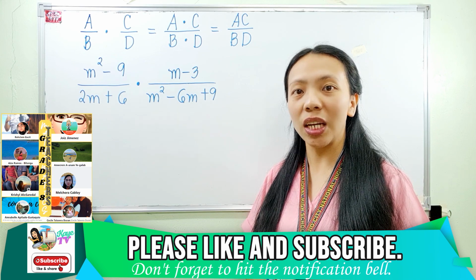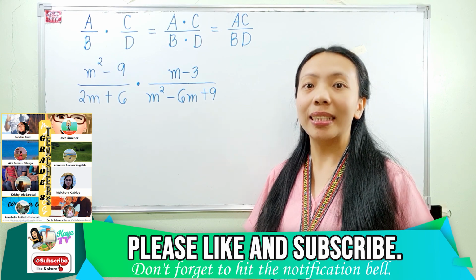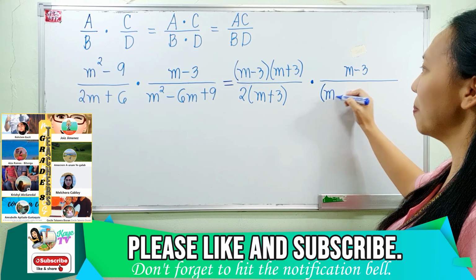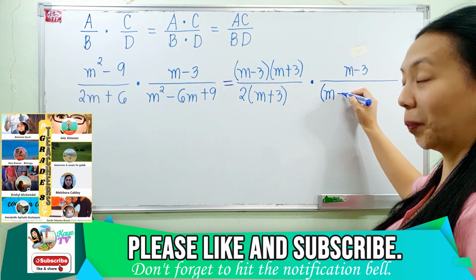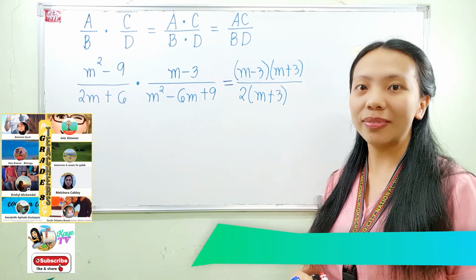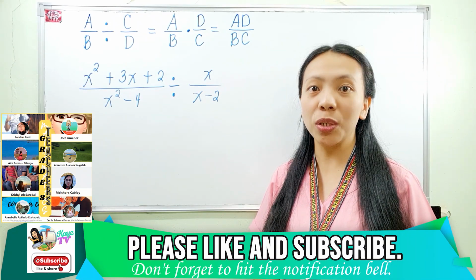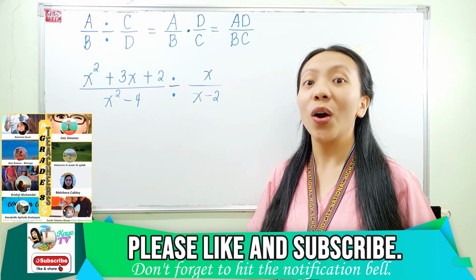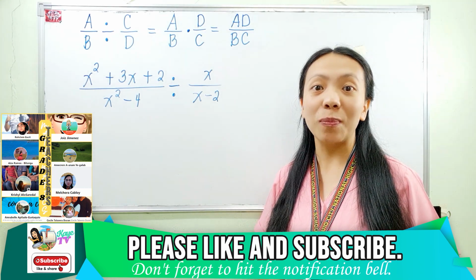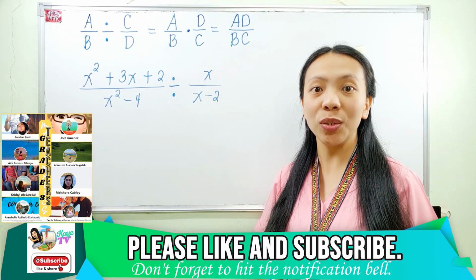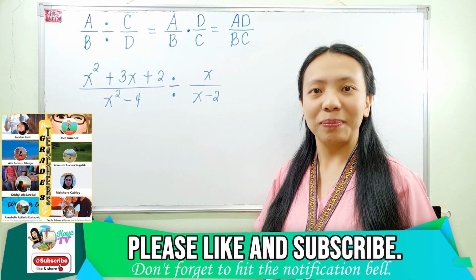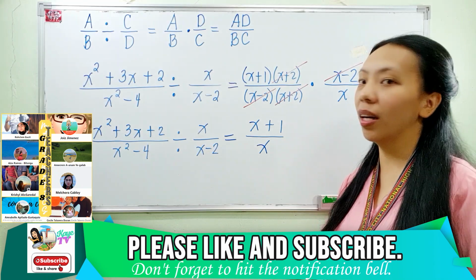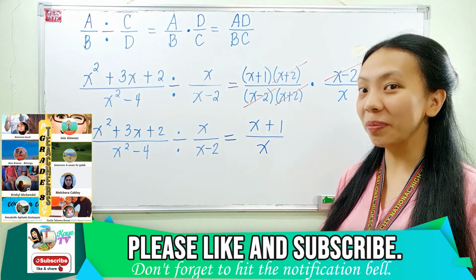It is easier for us. Its factored form is the quantity m minus... What we do is to simply interchange the... Therefore, the quotient in this scenario, tama ba ako?